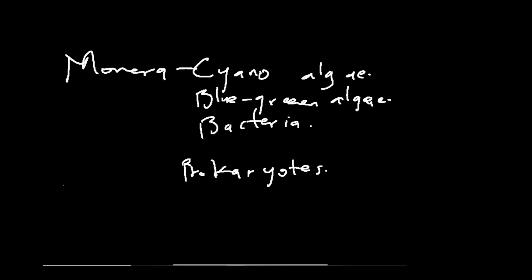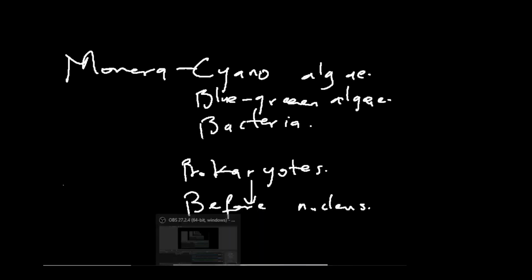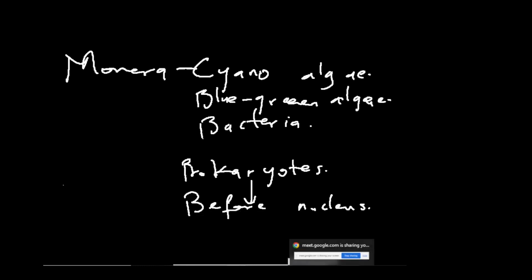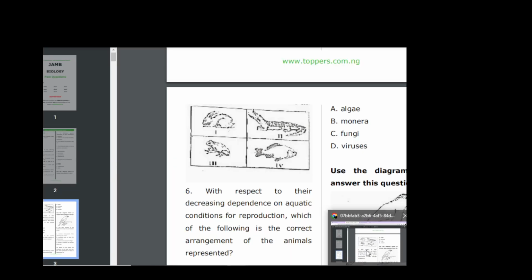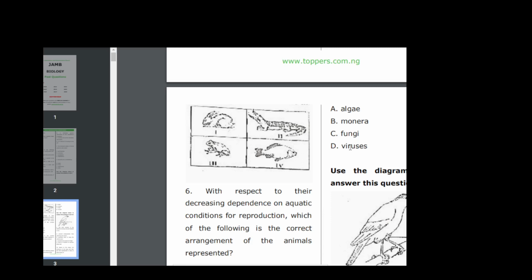Here we have the prokaryotes, meaning before nucleus. That is what prokaryotes means. But the virus does not have a true nucleus, unlike the fungi that is referred to as a eukaryote. Are we together?